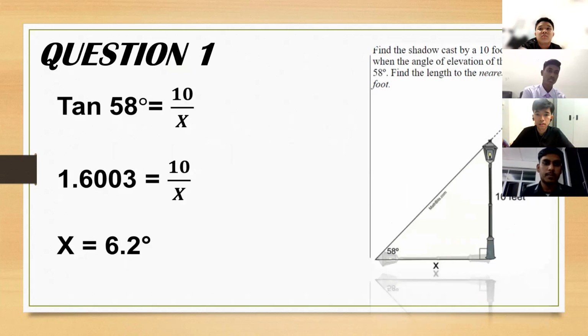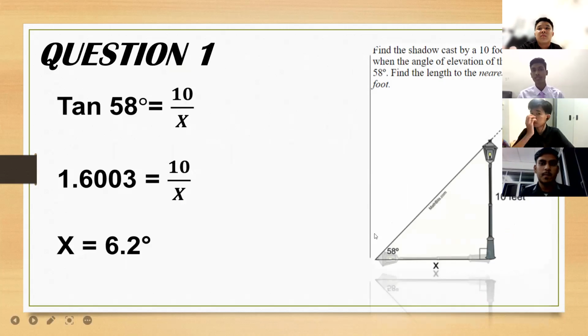Okay, we can go to the questions. Question 1. Find the shadow caused by a 10 feet lamp post when the angle of elevation of the sun is 58 degrees. Find the length to the nearest tenth of a foot.